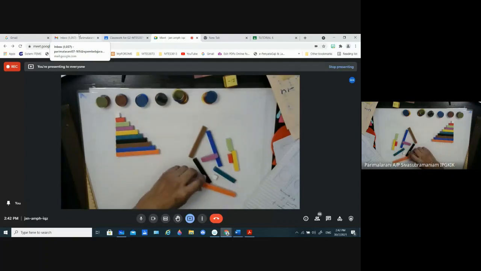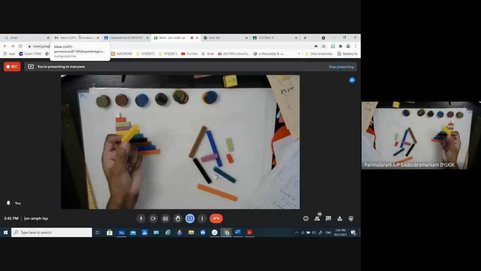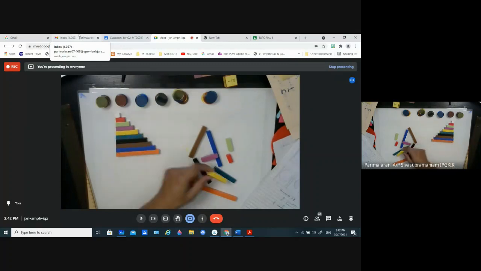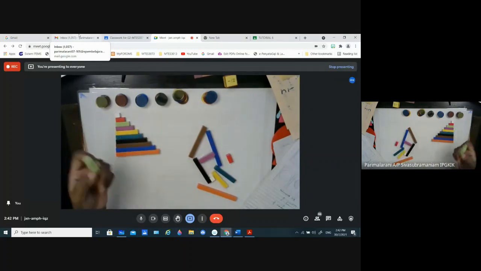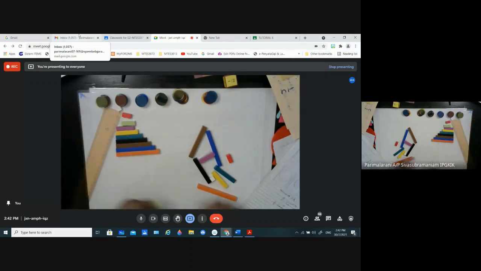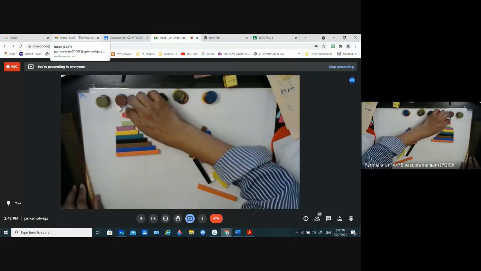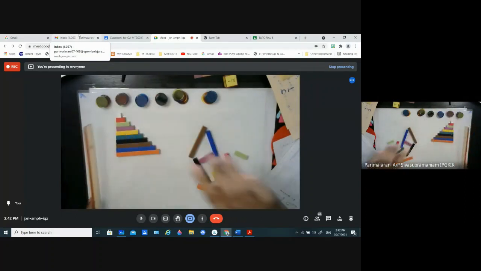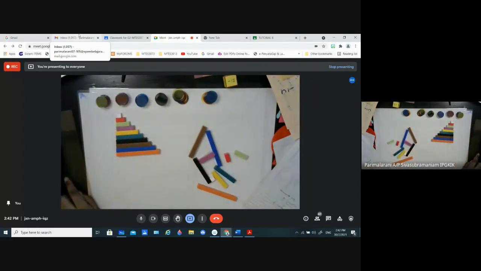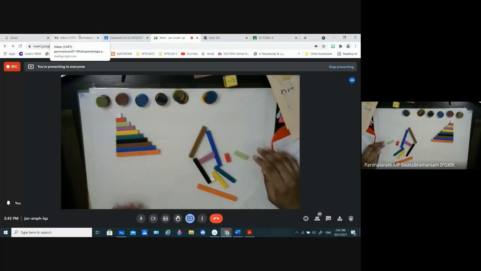Or we say, show me one rod that is 1 more. Or show me one rod that is 1 less. We have this kind of activities with them until they are very familiar with Cuisenaire rods.